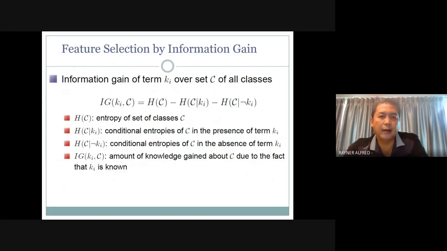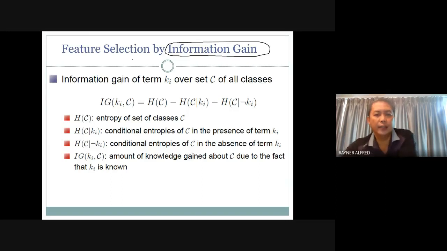And finally, we have feature selection by information gain. As you can see, we can compute the information gain of individual features given the class of the document that we have. You have studied all this.